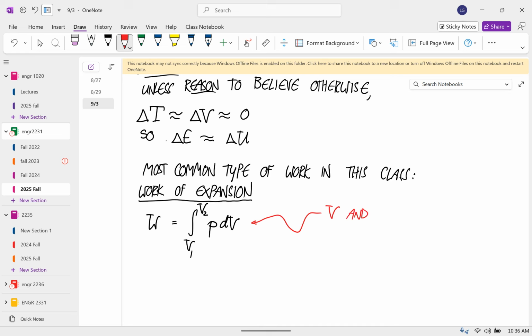So V and dV here refer to volume, not potential energy.